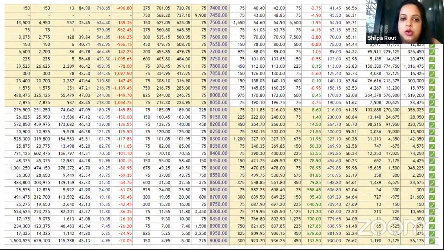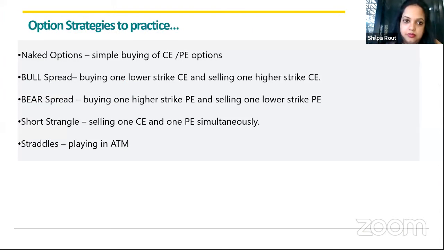So you can sell one call option and one put option, and you can benefit from that time decay, and without investment, you actually take credit from the market, and you sit and just wait for the expiry to happen, so that this premium goes to zero, and you end up making good profits.